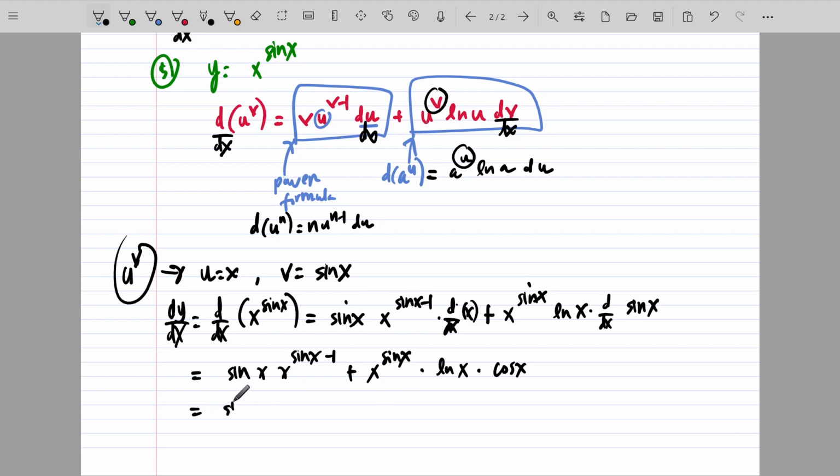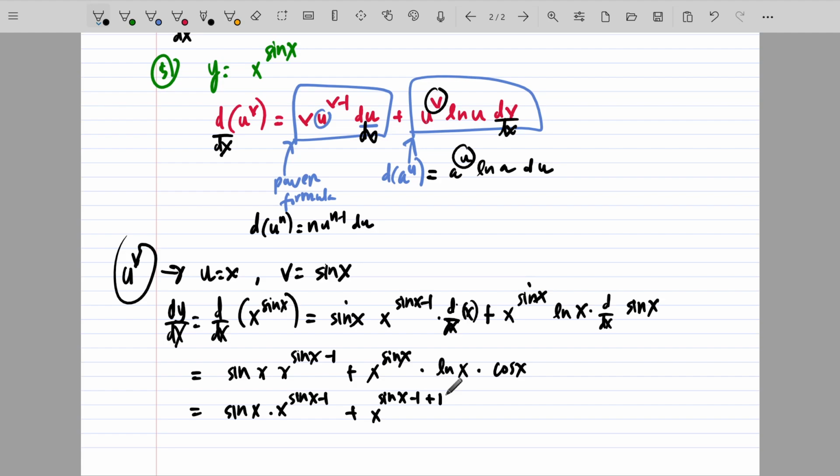Wait lang. Pwede kasi ganito yan guys para sa mga mahirap sa factoring. Okay? So, pwede ganito yan. So, para magkaroon ka ng minus 1 dito, gagawin mo dyan, plus x sin of x. Kung nag-minus ka ng 1, mag-plus ka rin ng 1. Diba?